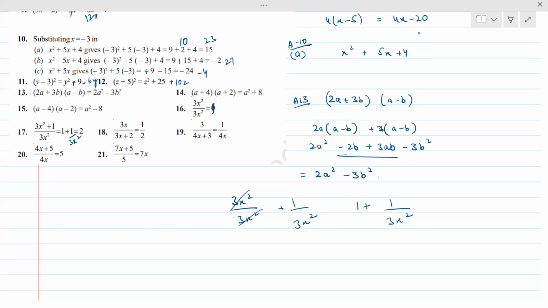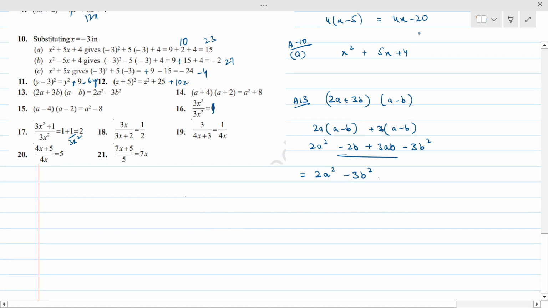If this is so, 3x by 3x plus 2, this is not so, because it cannot be further solved. LCM has not been taken. We have only done 3x by 3x plus 2, which cannot be further solved like this. Similarly, all other things will be like this. 7x plus 5 will be 7x plus by 5 plus 1. It would be 1 plus 5 by 4x.